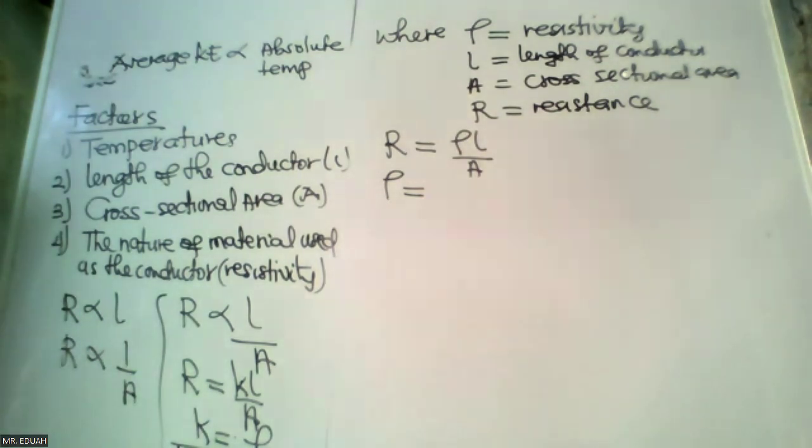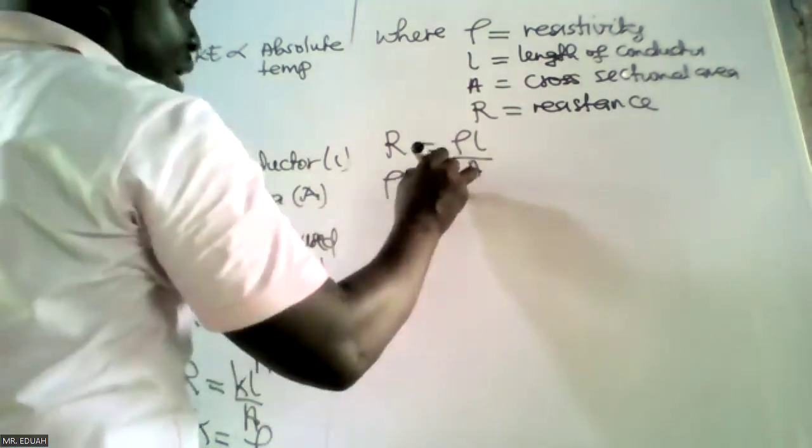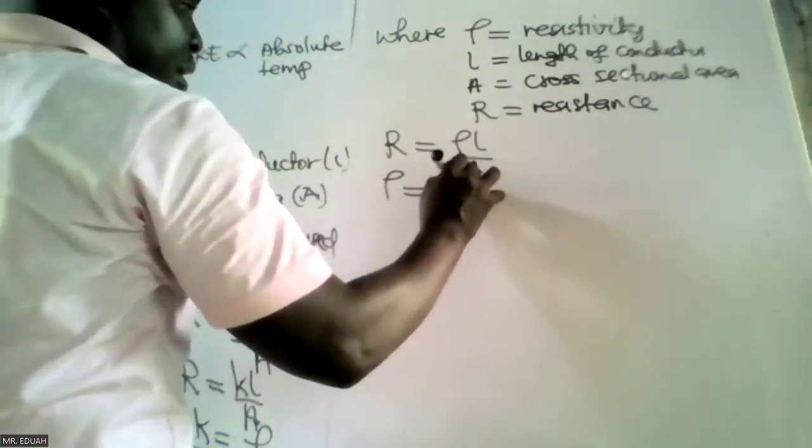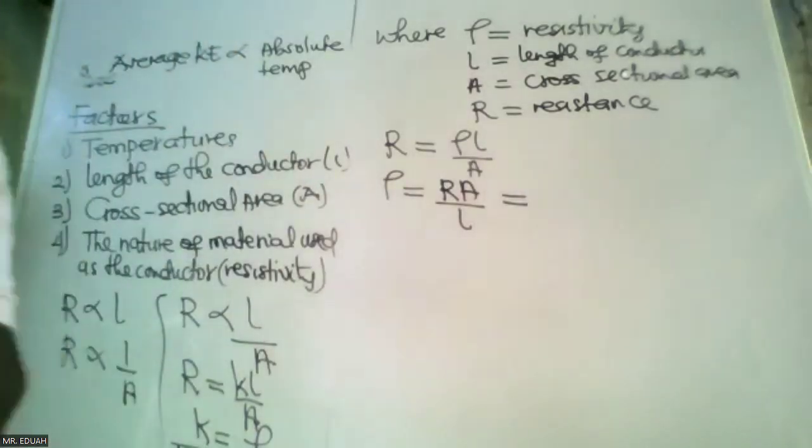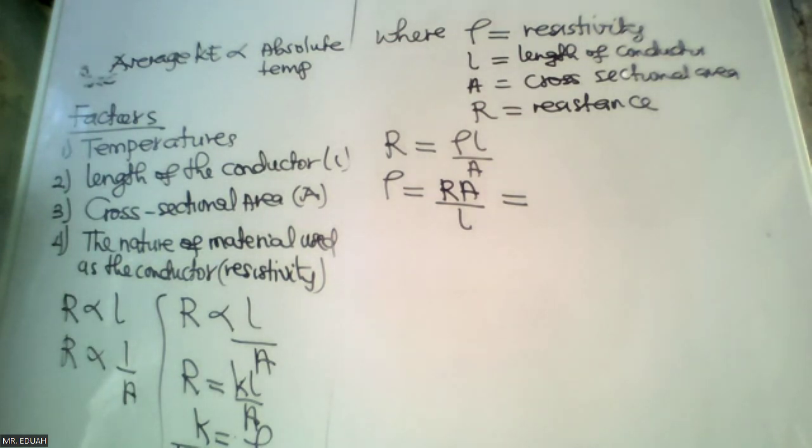Mary, when you made rho the subject, what did you say? I got RA all over L. So R A all over L. So what do you think is the SI unit of resistivity? What do you think is the SI unit of resistivity?